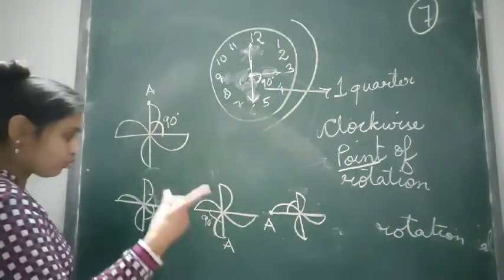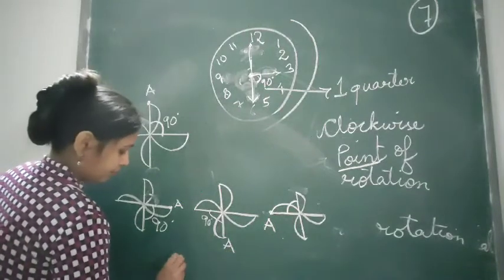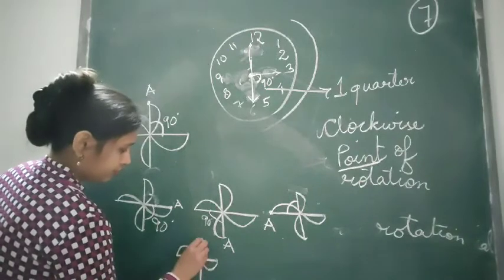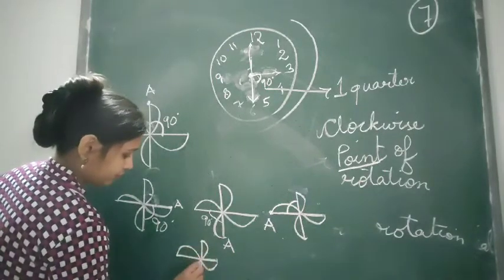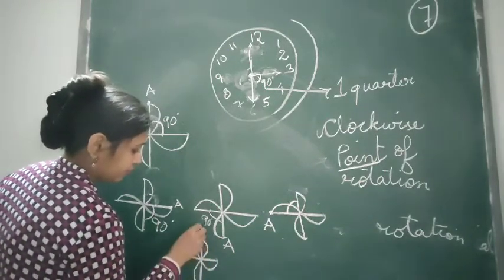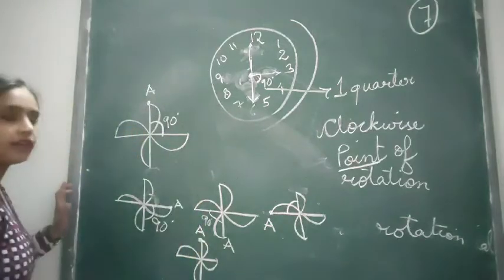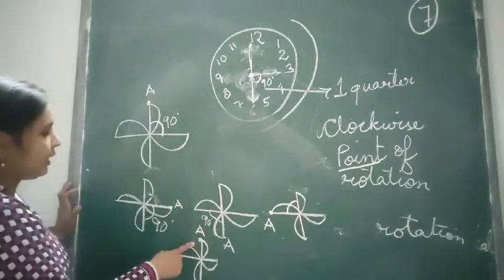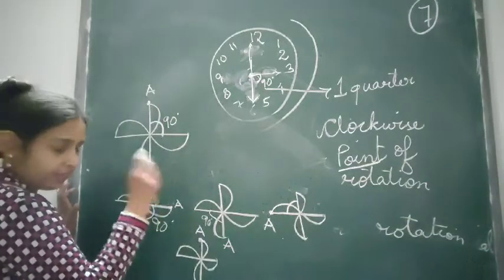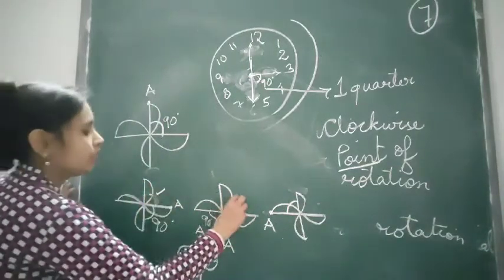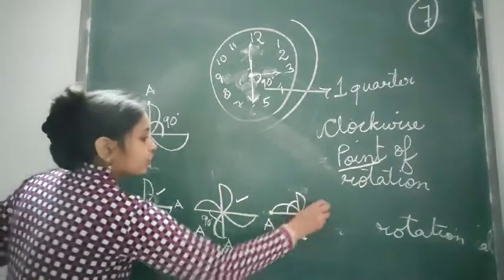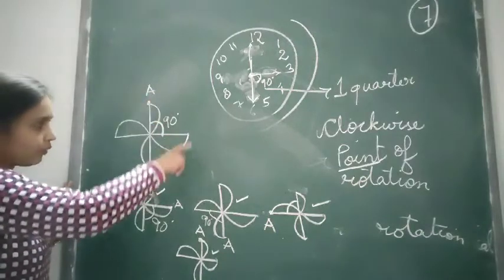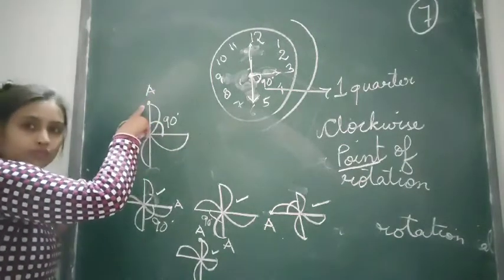No. One more quarter we have to shift. Back to its place. Yes, A is back to its place. So how many shifts have we done? 1, 2, 3, 4. So the point is back to its place in 4 shifts.